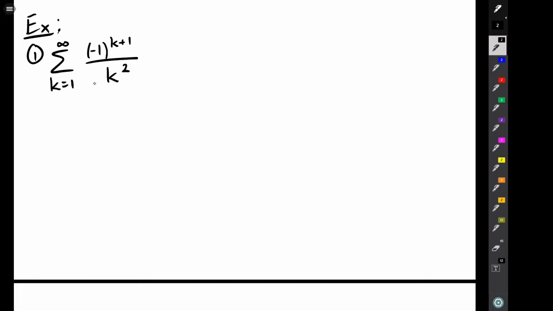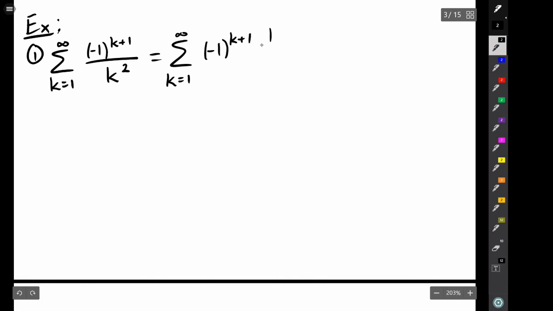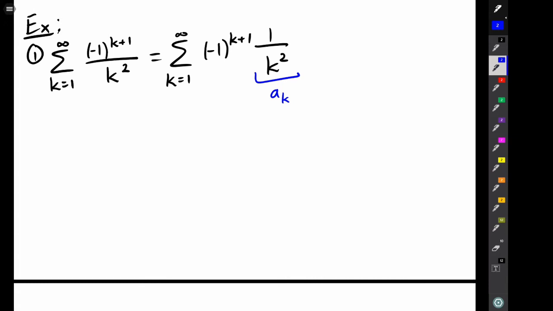If we look at this here, let's write it this way. I want to emphasize here that the 1 over k squared is our a_k in this case. So one thing we're going to check here is a_k, which is 1 over k squared.